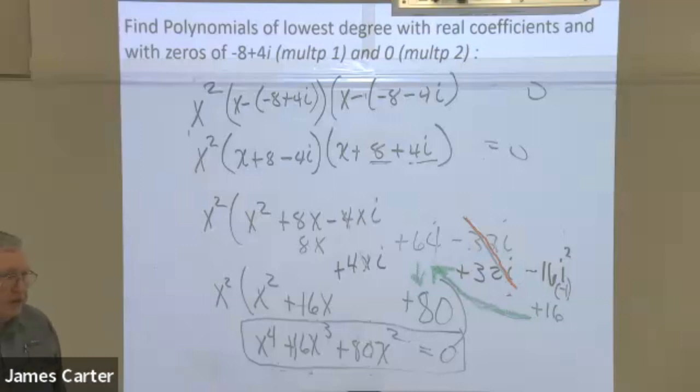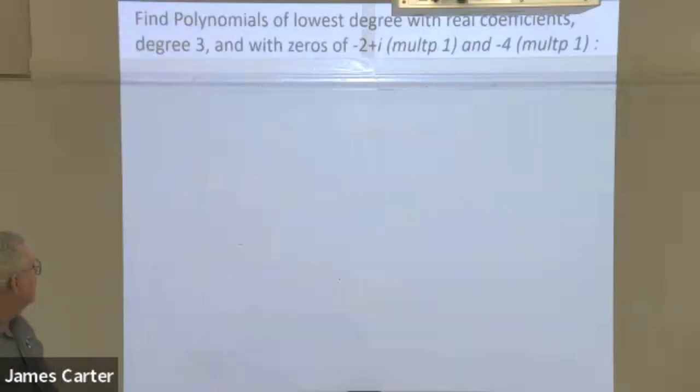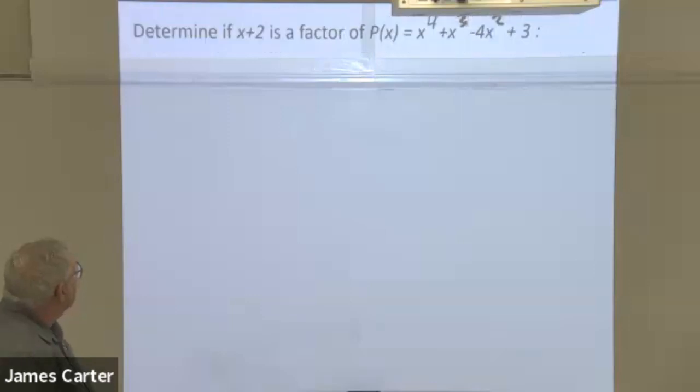I'm going to go on because you've got your handout sheet if you need to copy from it instead of the board. Okay, here's another one. Degree 3, a cubic. We're going to have an x cubed on the front end. We've got an imaginary there, a complex, and we also have -4. Well, we work it out.